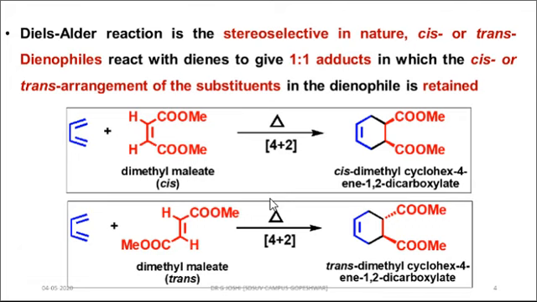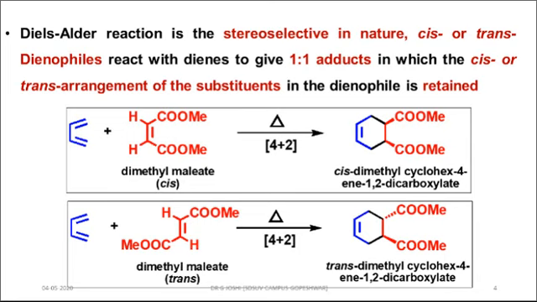The relative positions of substituents in the dienophile are retained in the adduct. Cis addition can be easily explained by the simultaneous formation of bonds between the two components, that are diene and dienophile, in one step.